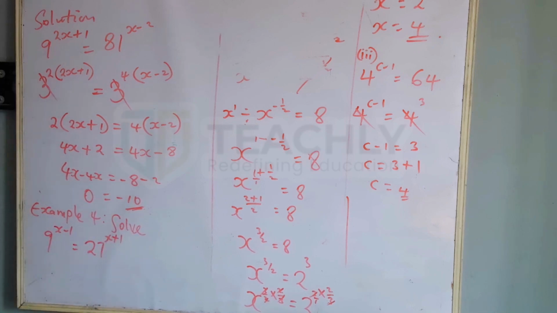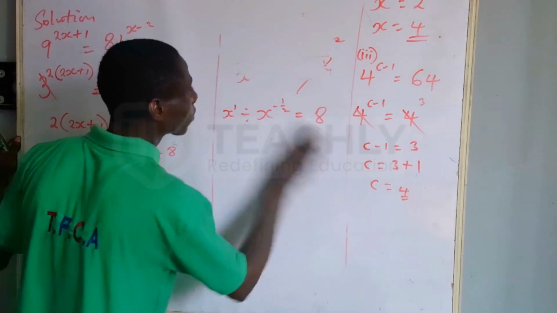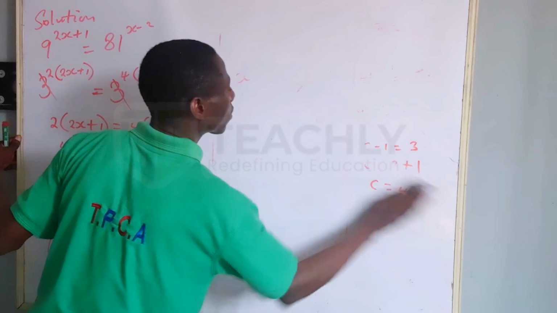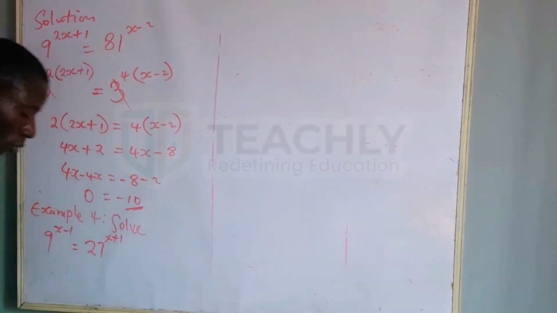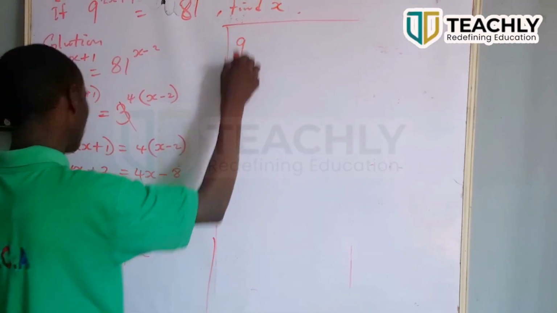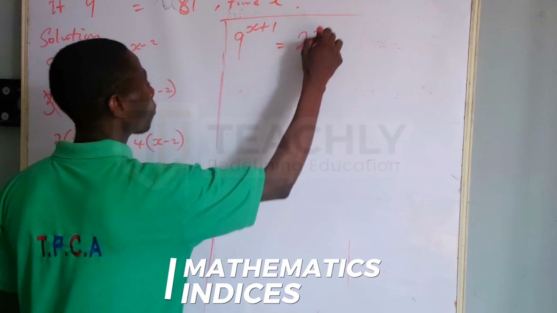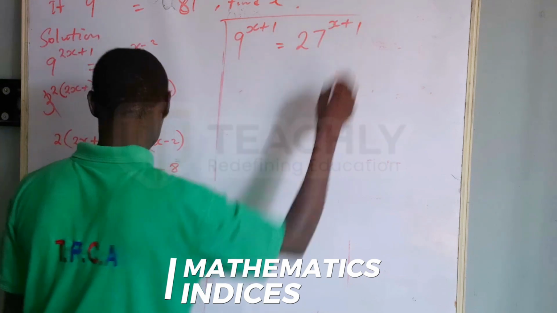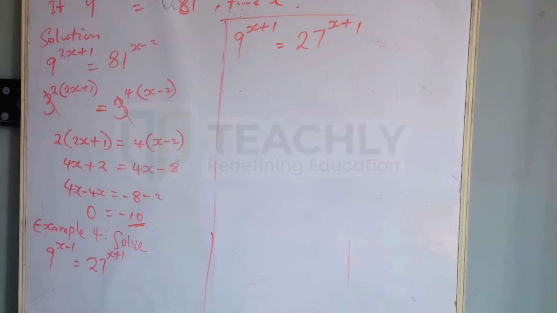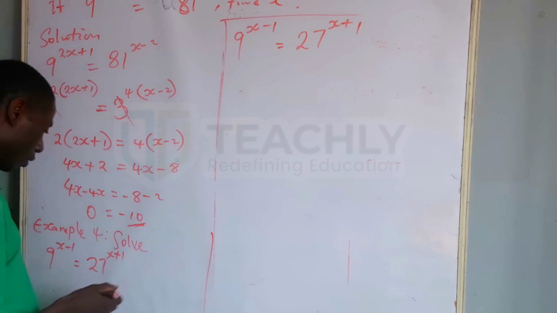Let's look at this. To simplify, we have 9 to the power x minus 1 equals 27 to the power x plus 1.